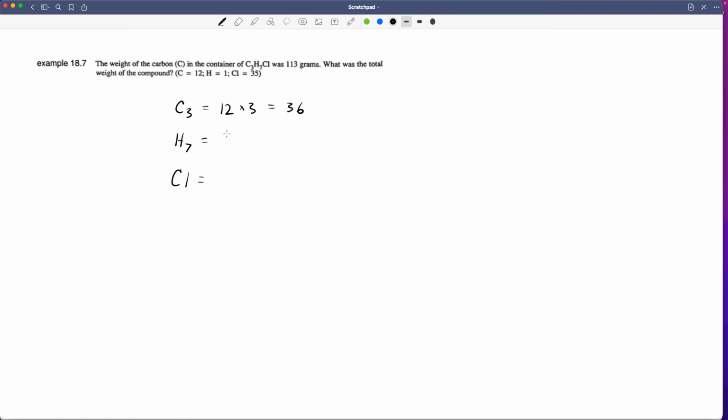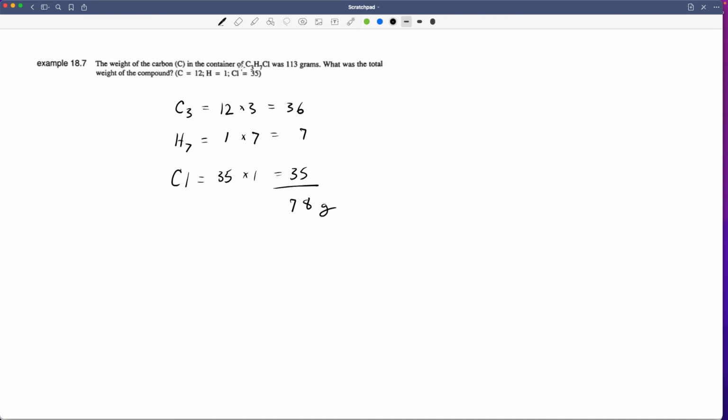Hydrogen is 1, and that's times 7, because that's the number here. That's going to be 7 there. And then Cl is 35, and there's only one of those. So times 1 is 35. And now we add all that together, and that's 12, that's 18, carry the 1, that's 78 grams. That's the atomic weight for this right here.